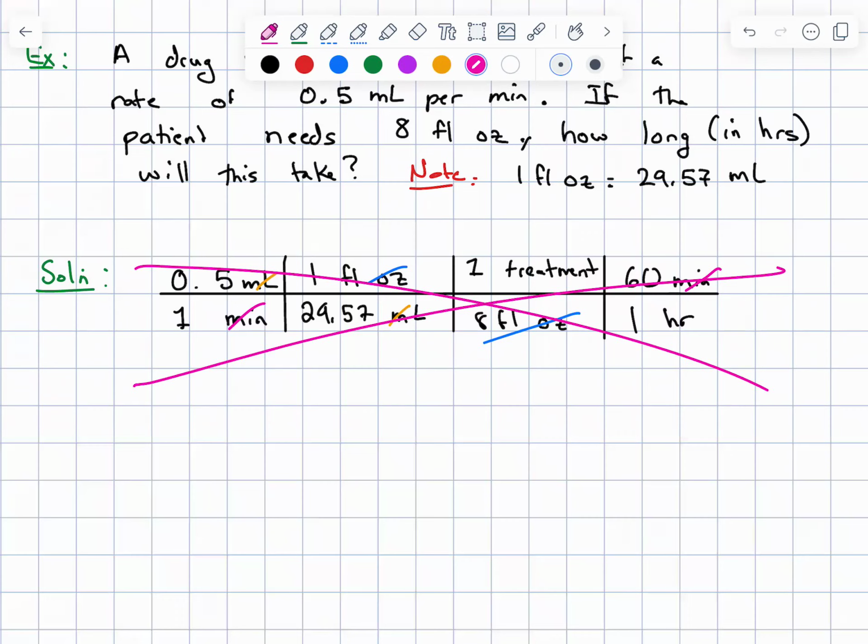That didn't work out, so let's start with the 8 fluid ounces. I'm going to use the fact that 1 fluid ounce is 29.57 milliliters to cancel out the fluid ounces.